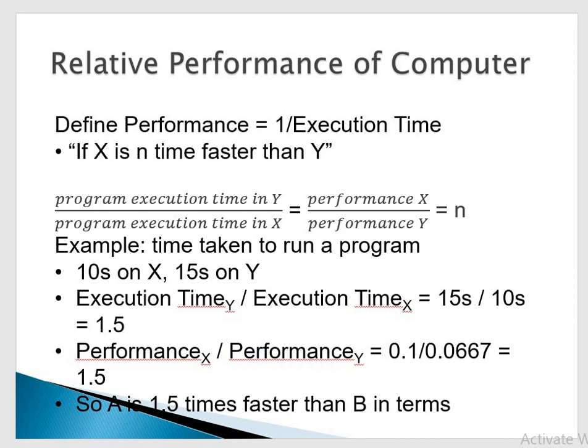If we evaluate the performance in terms of throughput, it will be 0.1 divided by 0.0667, which is also equal to 1.5. So in both cases, the performance of X is 1.5 times better than the performance of Y. So we say that computer X is 1.5 times faster than computer Y in terms of performance and in terms of execution time.